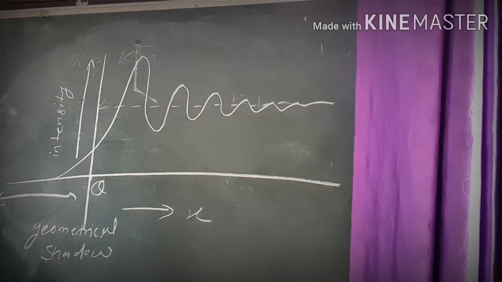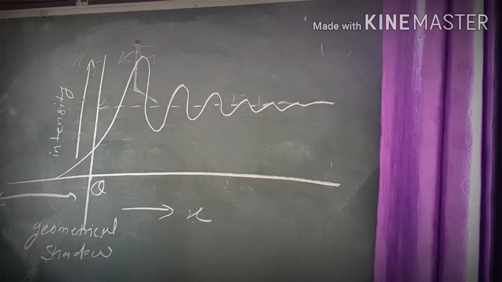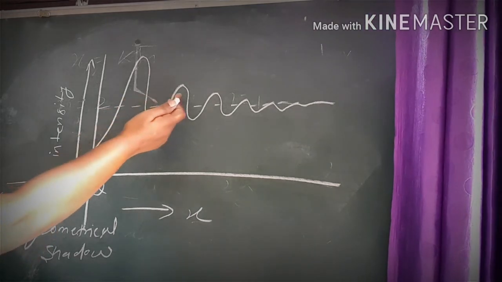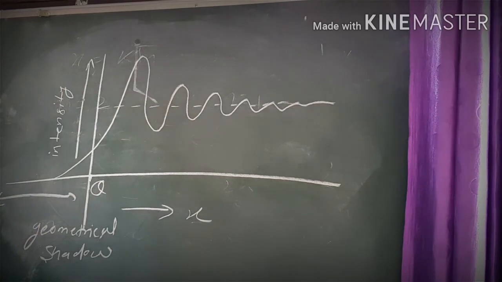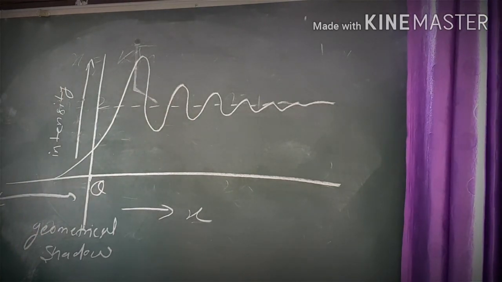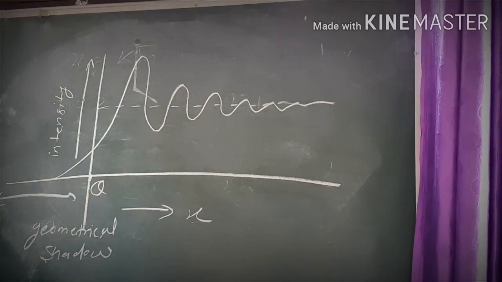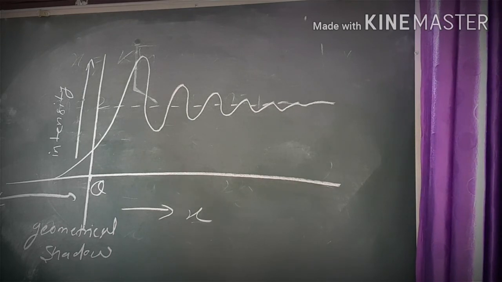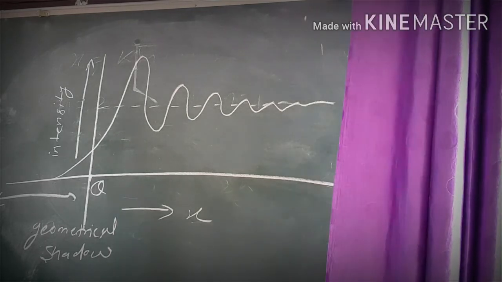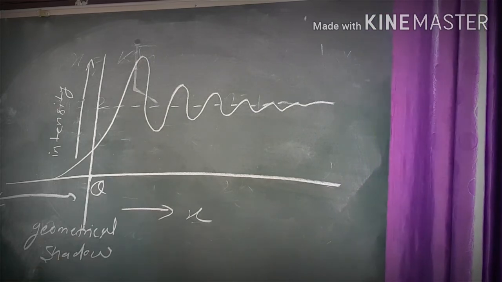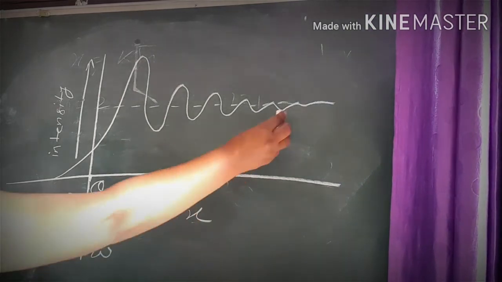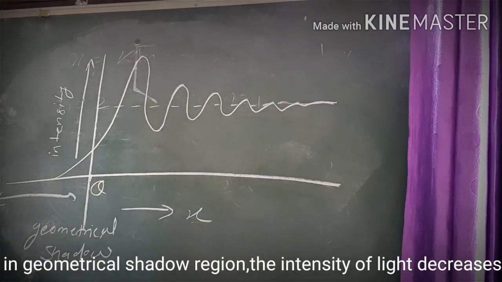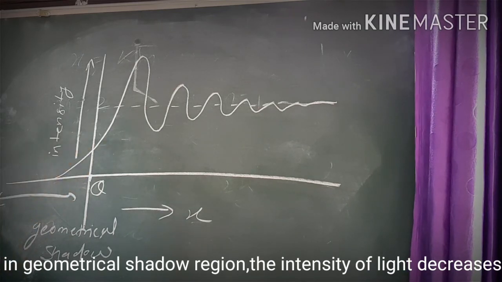We have also found that the spacing between consecutive maxima goes on decreasing, and the distance between consecutive minima or dark bands also goes on decreasing continuously. At one point, we have the general illumination again.